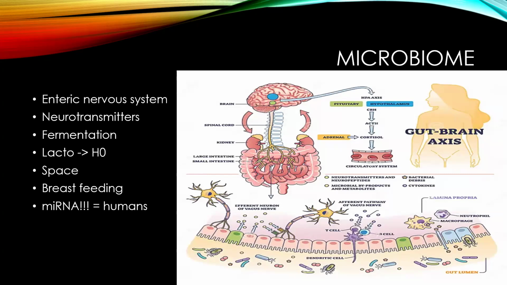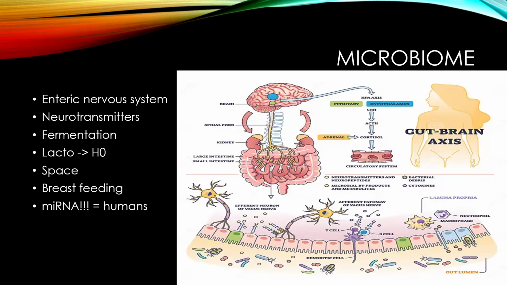This allows bacteria to essentially, off the top of my head, 90% of the serotonin produced is from the gut, and the majority of that has to do with bacteria that are able to produce similar molecules like serotonin in tandem with the microRNA themselves.